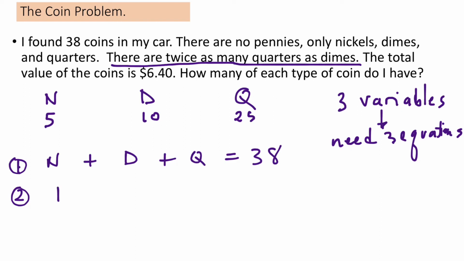So the number of dimes times 2 has got to equal the number of quarters. So that's what we mean by there's twice as many quarters as dimes. So if you had 5 dimes, you'd have 10 quarters. So twice as many quarters as dimes. So that's another equation, but we still need another one.